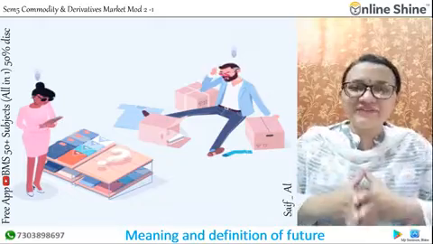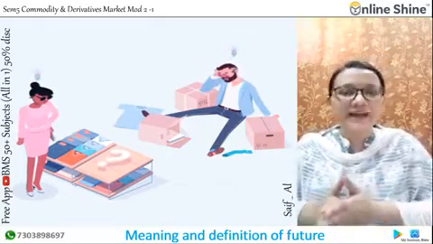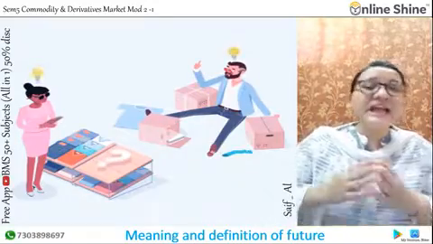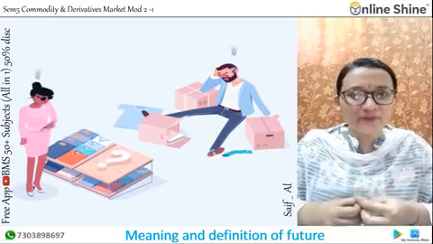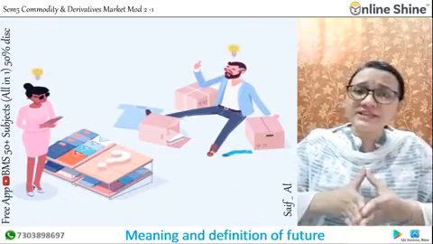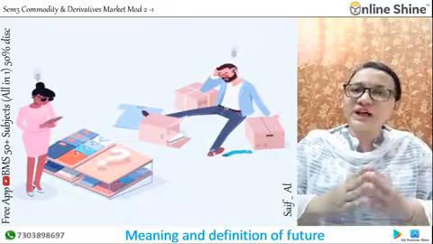So again I revise, a futures contract is a contract between the buyer and the seller in which the former agrees to buy a specific number of shares at a predetermined price at a specific time in the future.